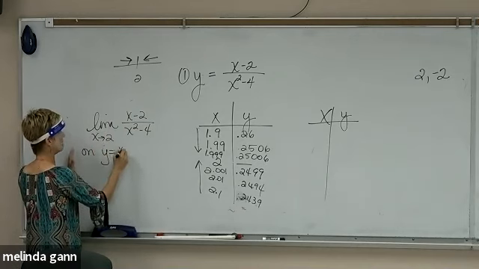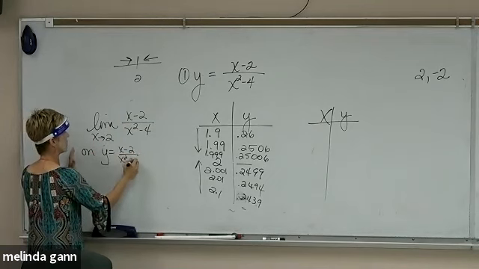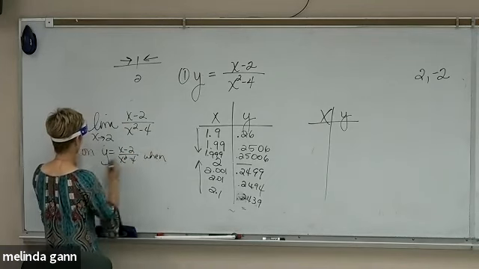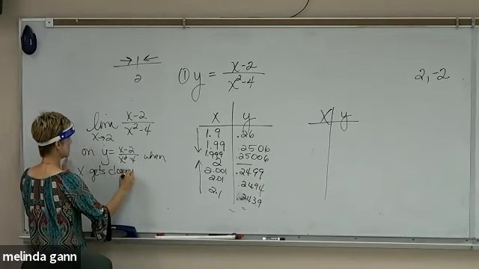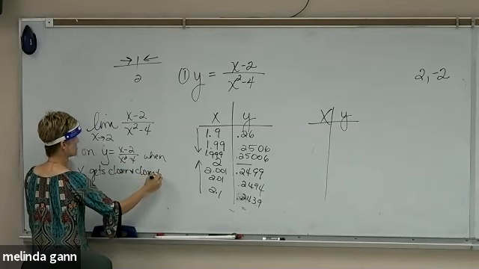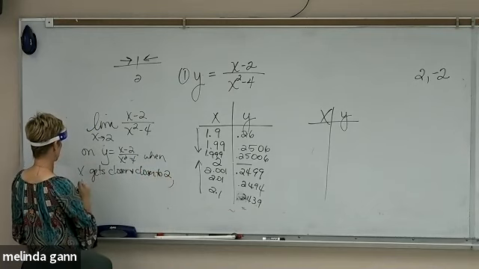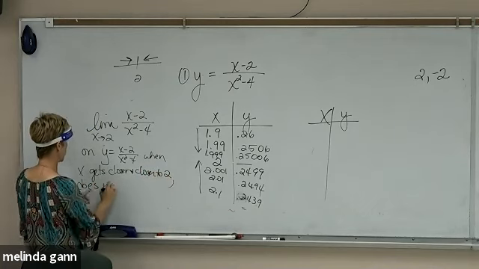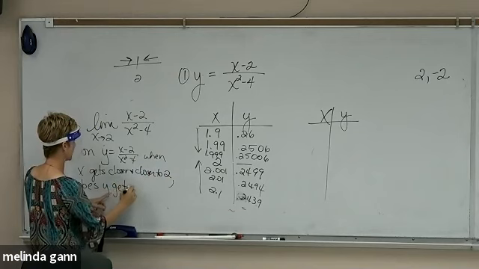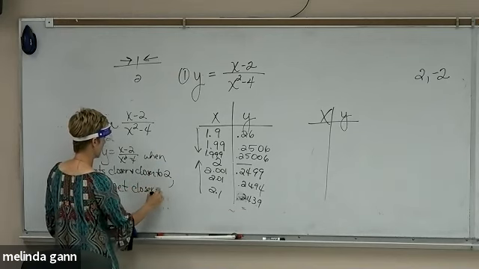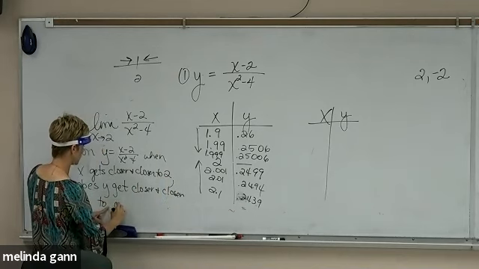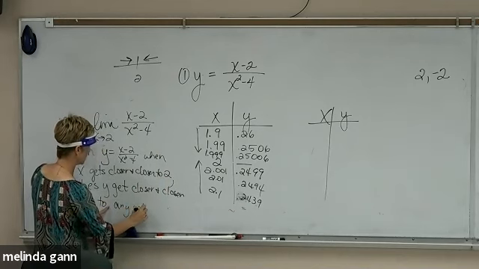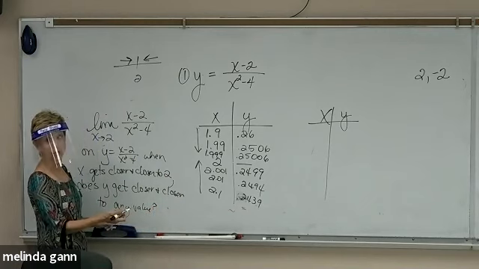On y equals x minus 2 over x squared minus 4, when x gets closer and closer to 2, does y get closer to something? To any value. And you decided yes, right? What's your guess?